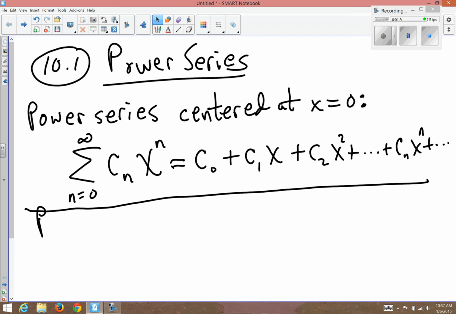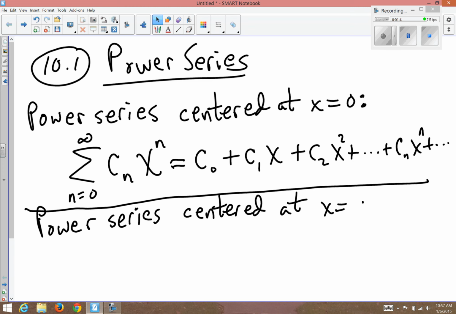A power series centered at x equals a, meaning any number, would look like this.